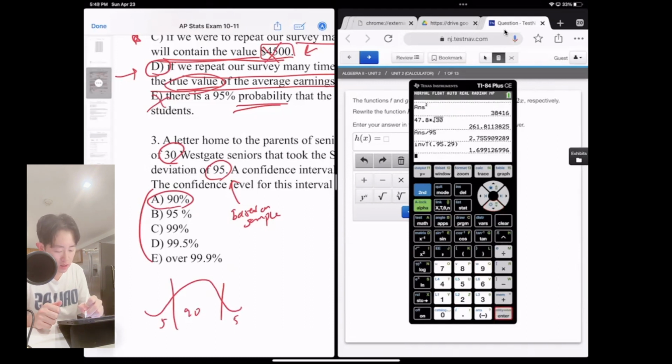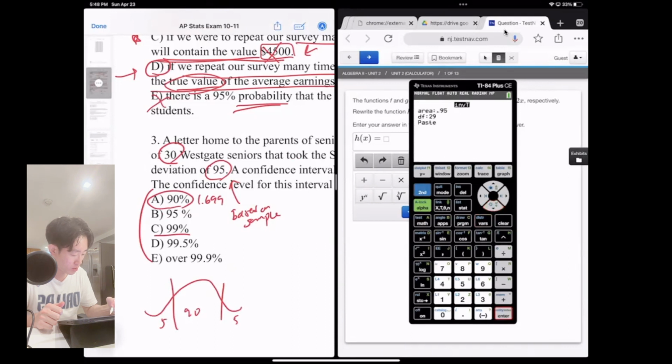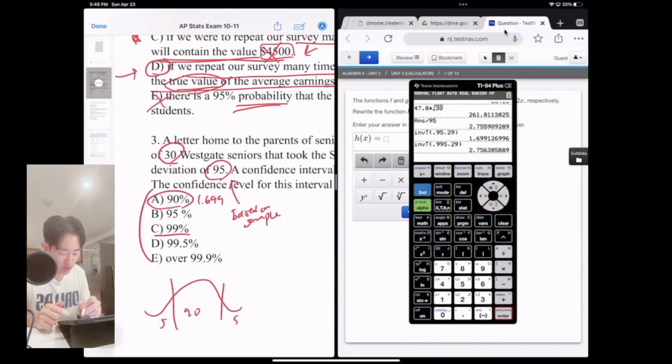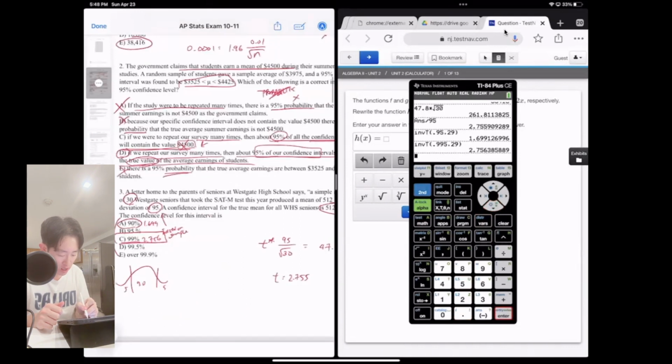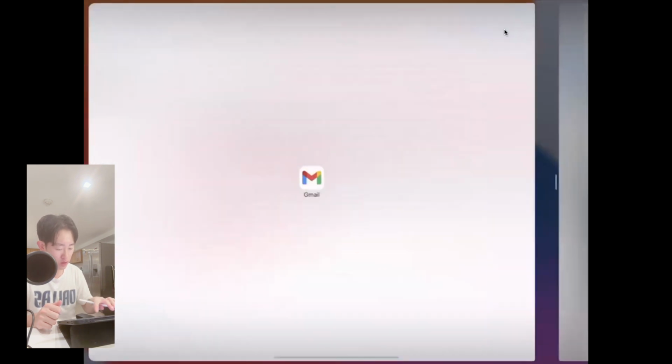Okay, that gives me such a low t-score. So I'm going to see if 0.995 will work. And that is 2.756, which is the closest one to the t-value that we calculated before. So number 3 here should be C.